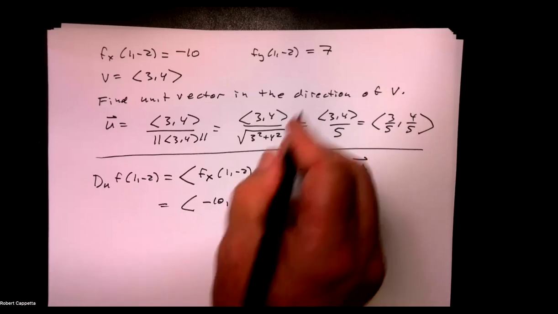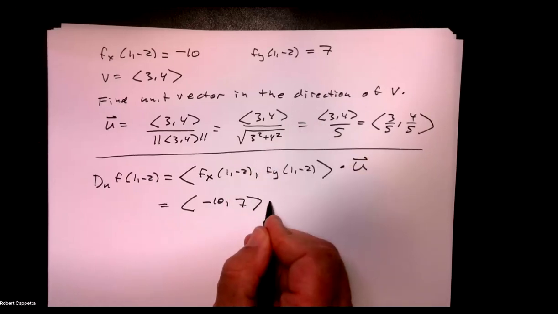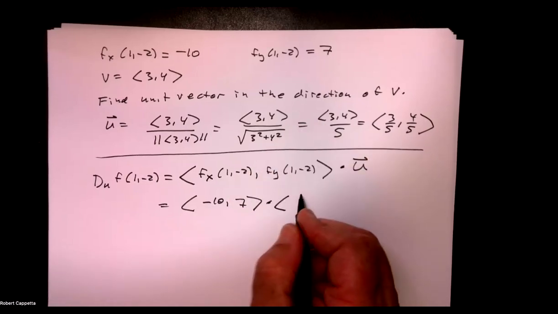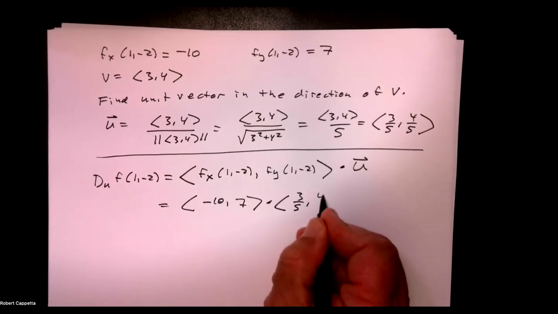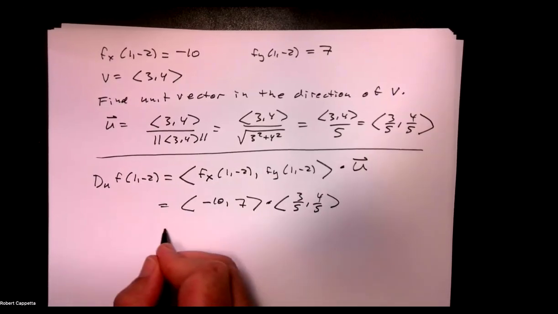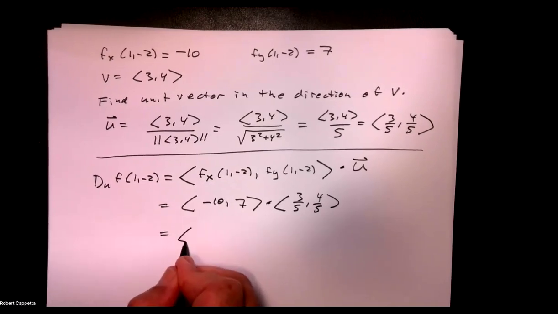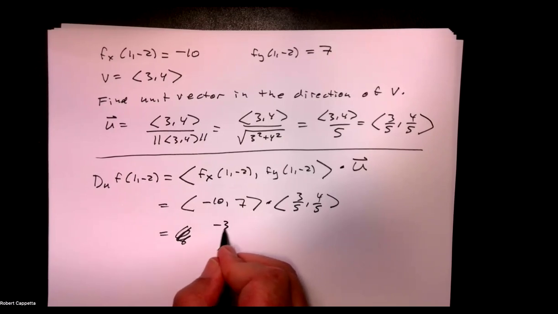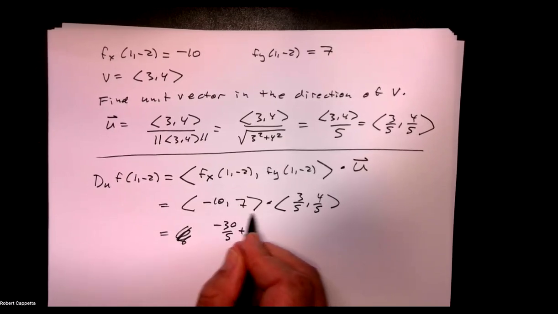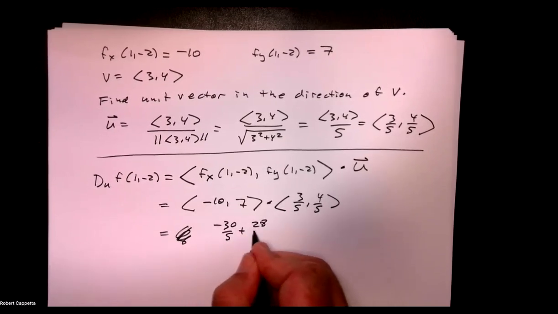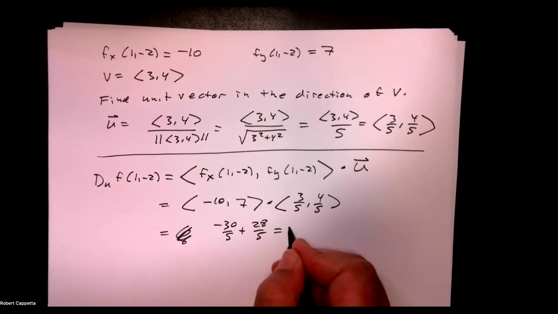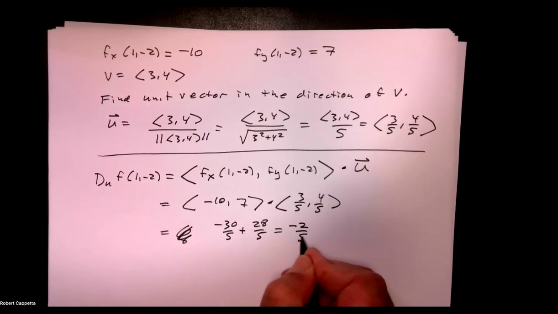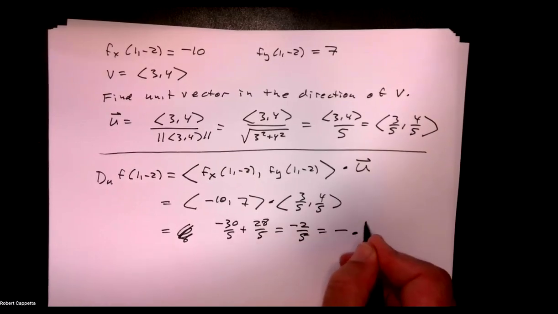The f sub y at 1, negative 2 is 7. Dotted with the unit vector, which is 3/5, 4/5. And where does that put me? What do we get? Negative 10 times 3/5 is negative 30/5. Plus 7 times 4/5 is 28/5, which equals negative 2/5, or negative 0.4.